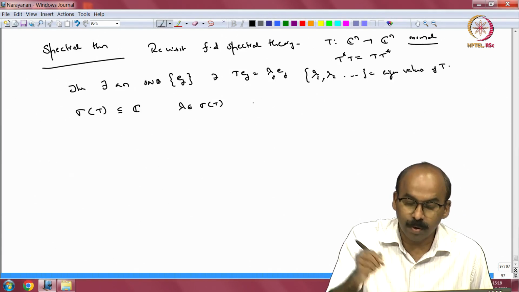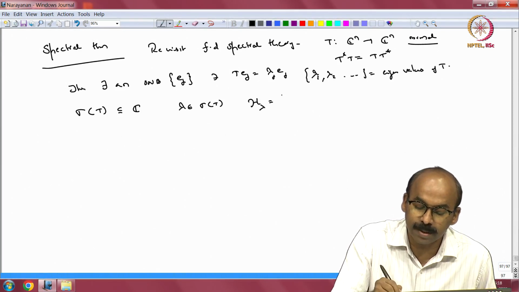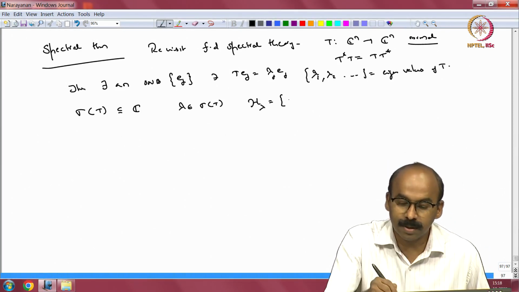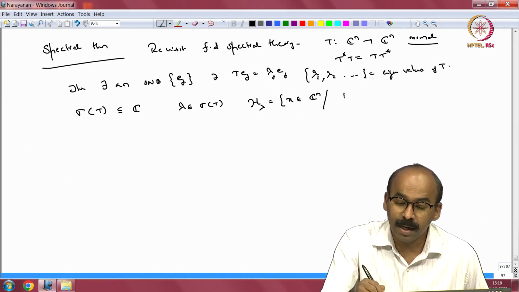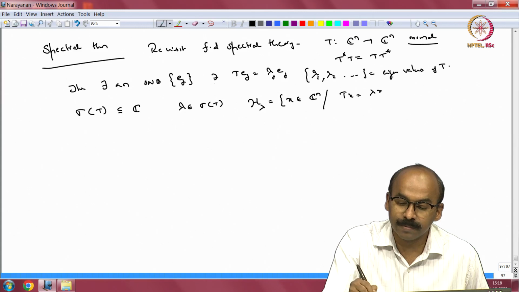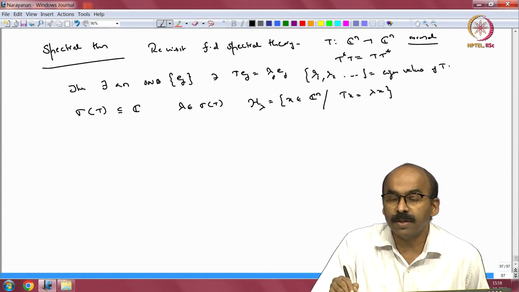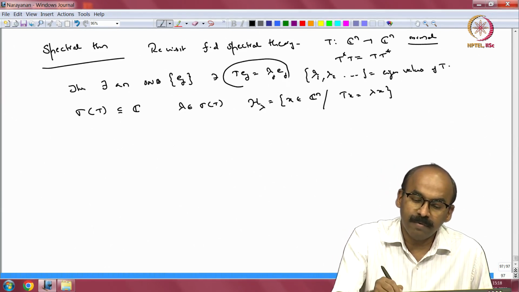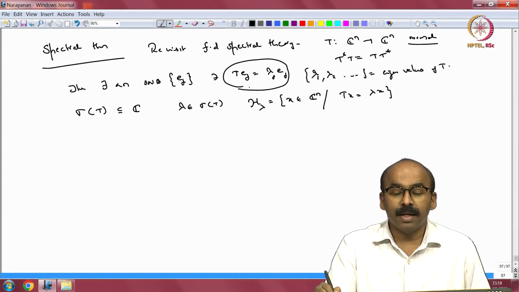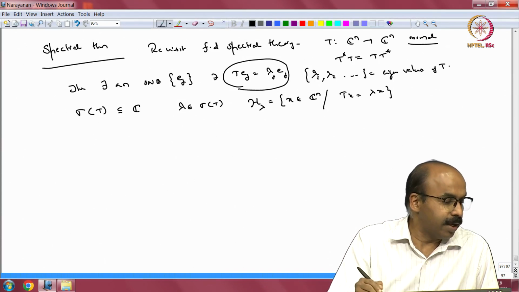I can write, so let us write the space H lambda to be the eigenspace corresponding to lambda. So, what is that? That is all x in Cn such that T x equal to lambda x, right. So, that is the lambda eigenspace of this operator T. Now, if I rewrite the fact that T E j equal to lambda j E j, what we are getting is the following.